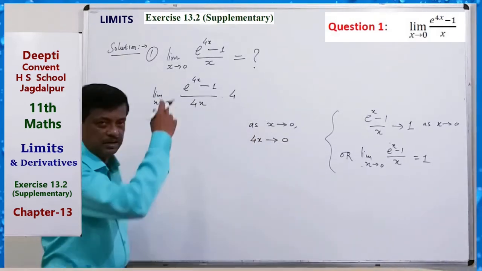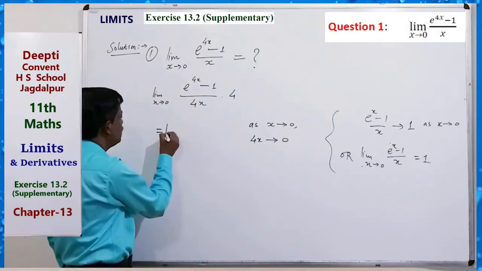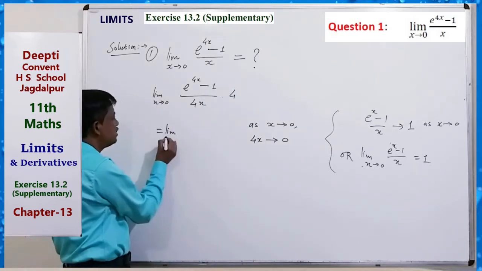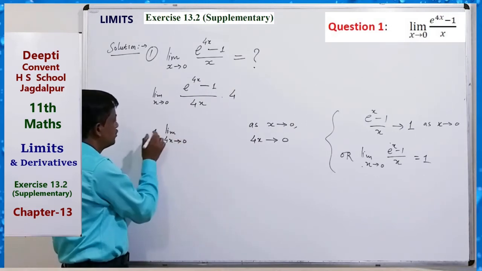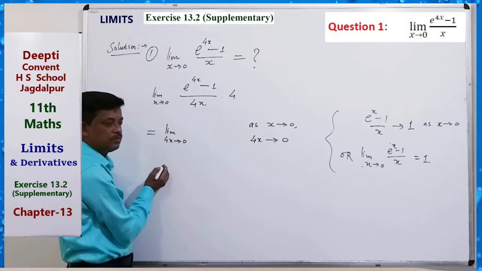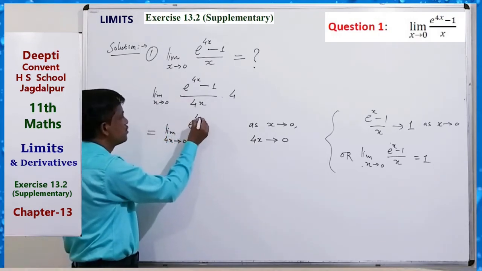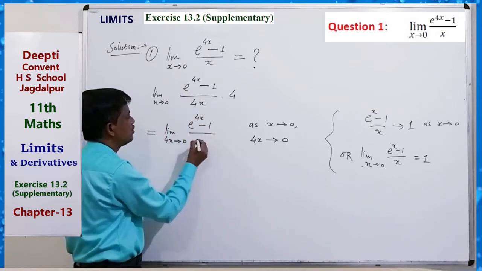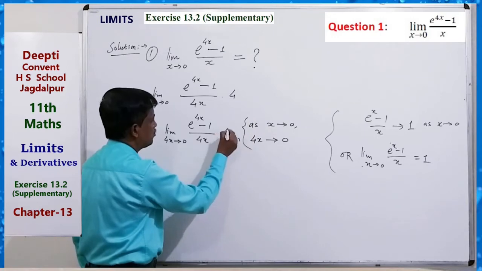So we can write it like this: limit x tending to 0 of (e to the power 4x minus 1) upon 4x into 4.